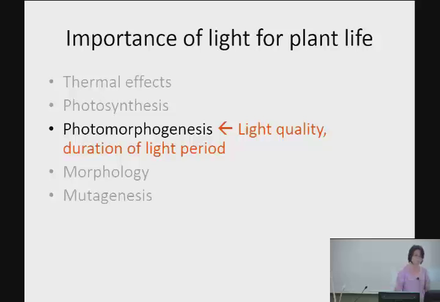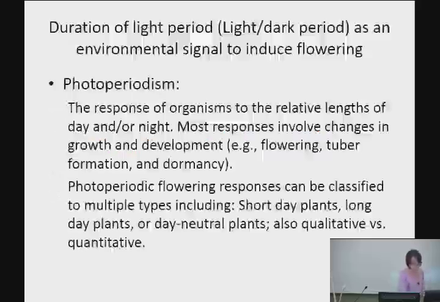Since we have a 24-hour cycle, photoperiod duration basically also refers to the nighttime period, right? Because when day length is 16 hours, the night period is always 8 hours. So it's hand-in-hand.